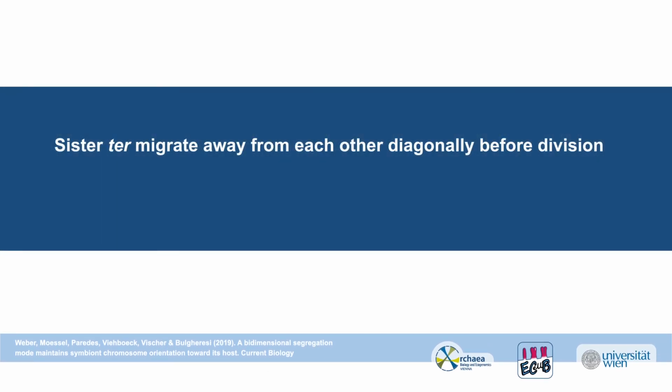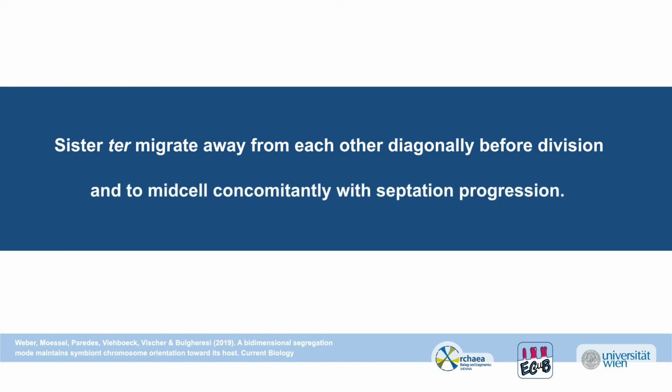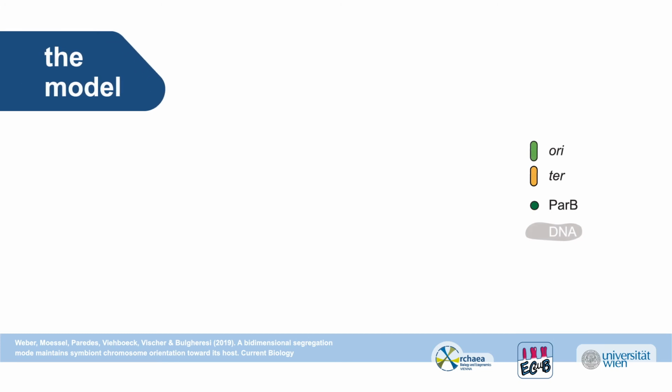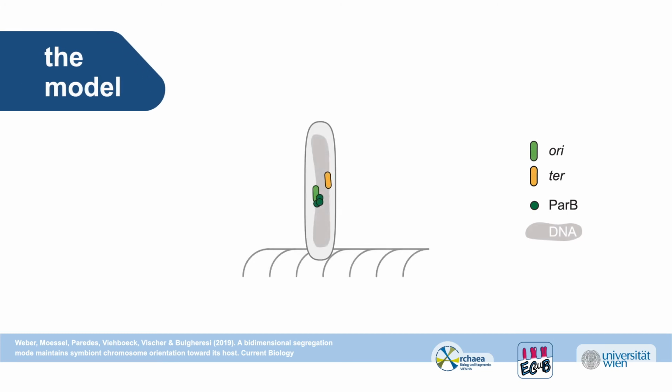Summarizing, the sister ter migrate away from each other diagonally before Candidatus Thiosymbion oneisti division starts, and as septation begins, they localize medially at the divisome leading edges and migrate concomitant with ingression towards midcell. And finally, this is our model for the chromosome segregation of Candidatus Thiosymbion oneisti.